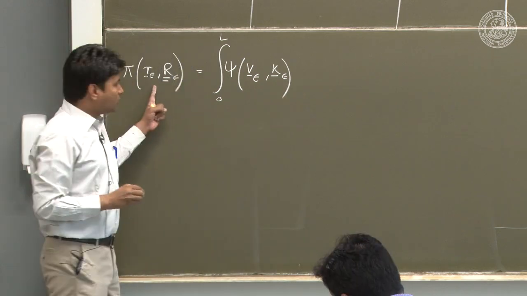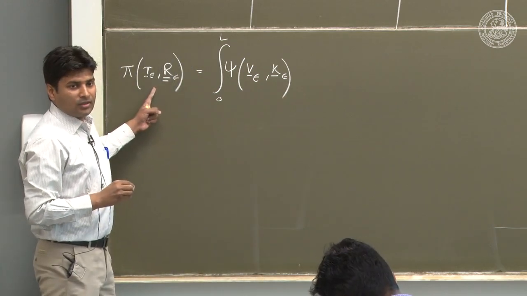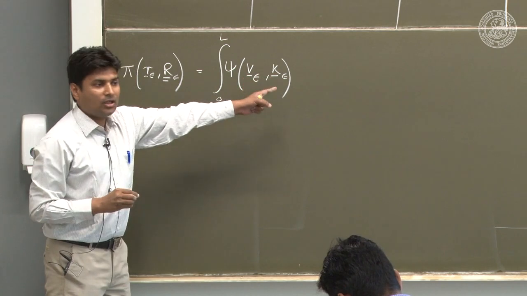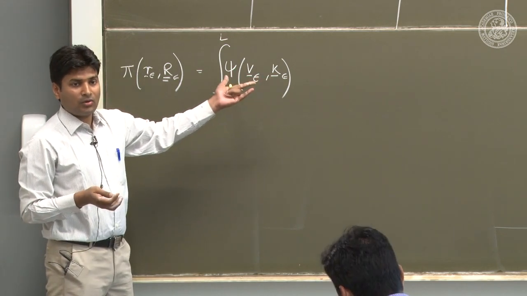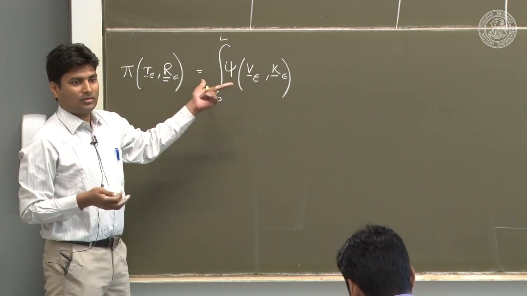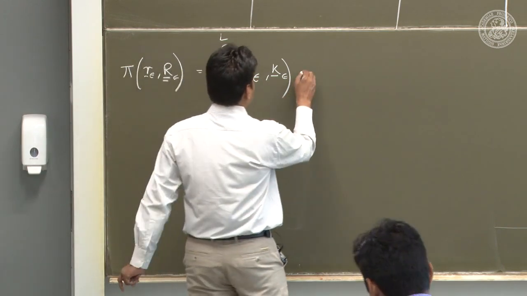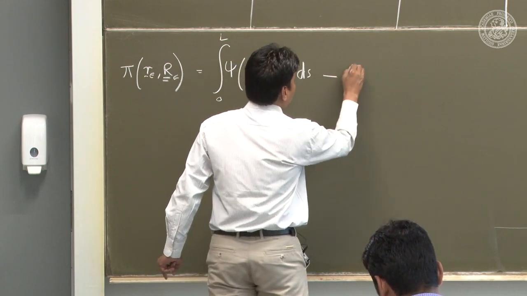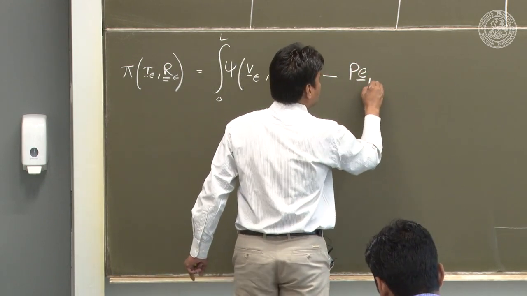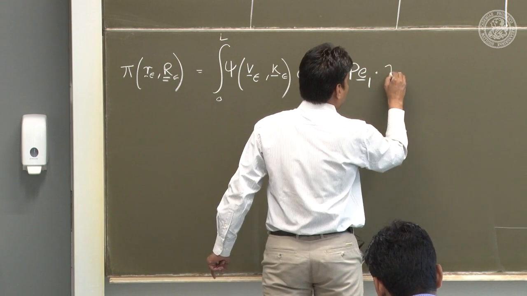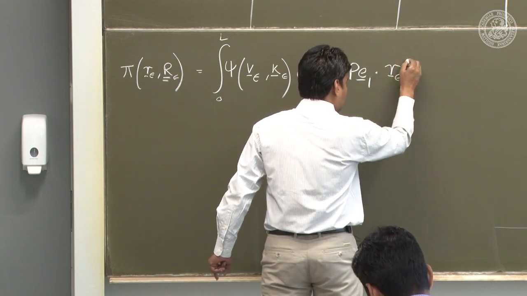See, as you change your kinematic quantities, V and K will also change because they depend on little r and big R. So it becomes psi of V epsilon, K epsilon ds minus P E1 dot little r epsilon of L.